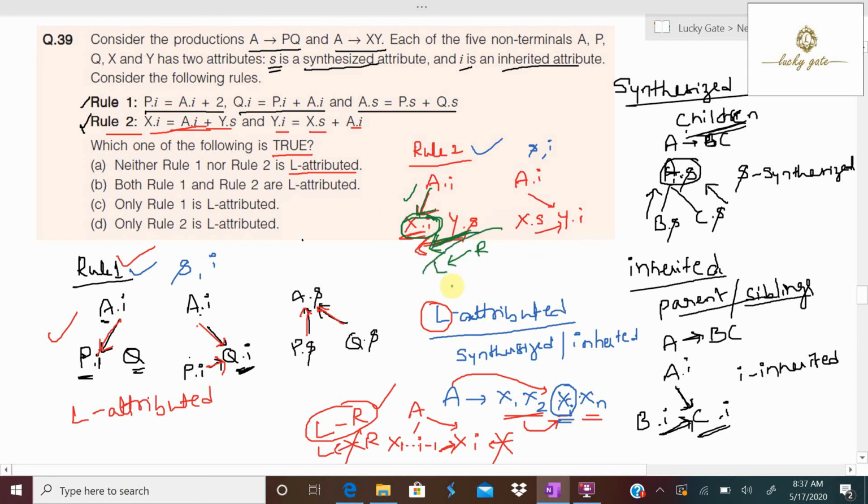This is not allowed in the L attributed definition. So rule 2 is not L attributed, but rule 1 is L attributed. So the answer is only rule 1 is L attributed. That is the answer, option C.